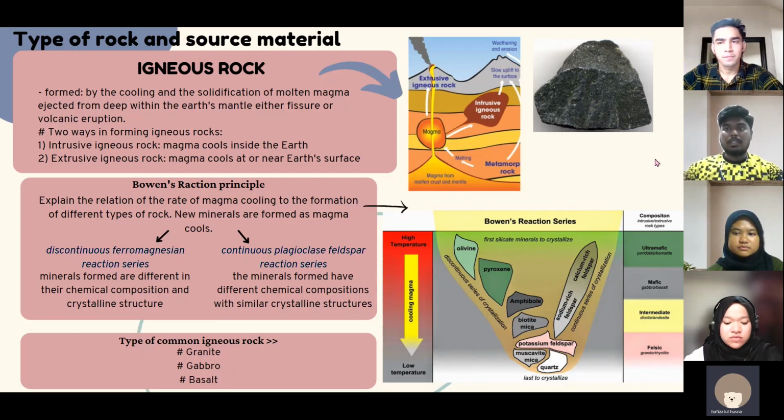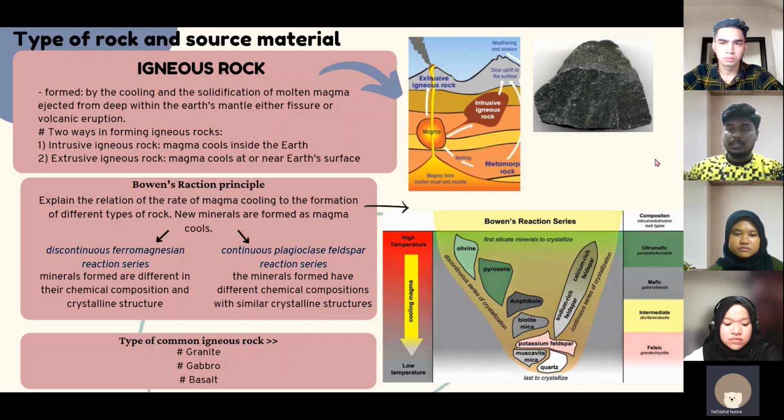Talking about the igneous rock, we can relate it with Bowen's reaction series. Bowen's reaction series can be defined as the crystallization sequence of magma as cooling occurs, and it has 2 parts. One is the discontinuous series and another one is the continuous series.